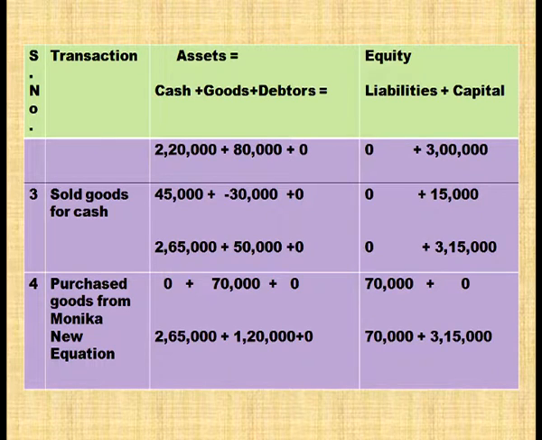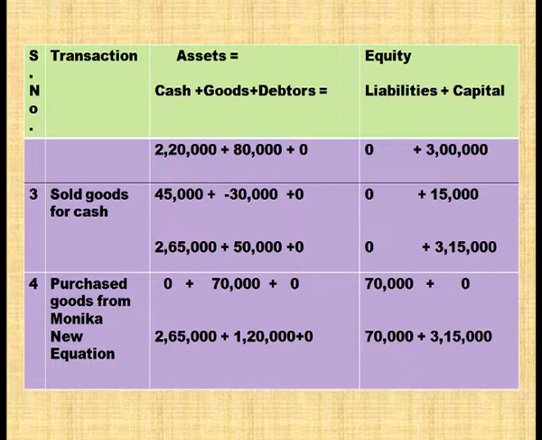Next transaction, purchase goods from Monica. Goods are coming inside the business, so goods worth rupees 70,000. In the goods column, I have added 70,000, and it is purchased on credit, so creditors increase, liability increases. So in the liabilities column, I have added 70,000.